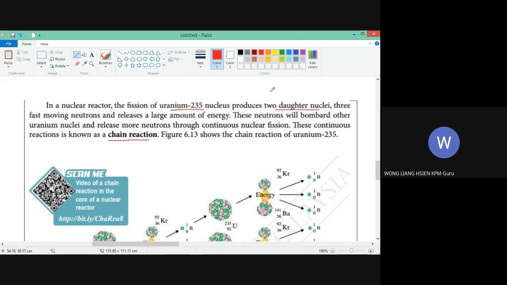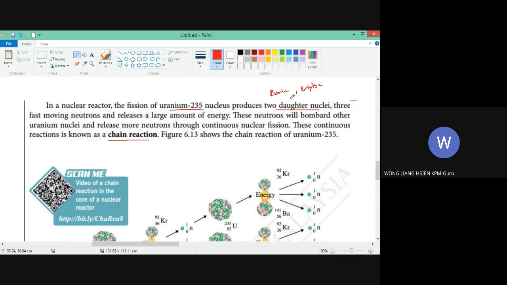That means the barium and the krypton. Okay, but actually not necessarily barium and krypton. When it is split, it can split into other kinds of elements that have roughly the same mass. Okay, understand?